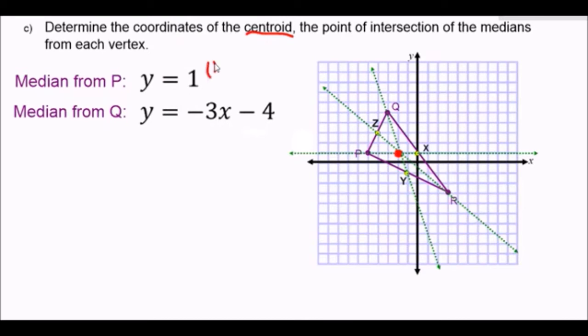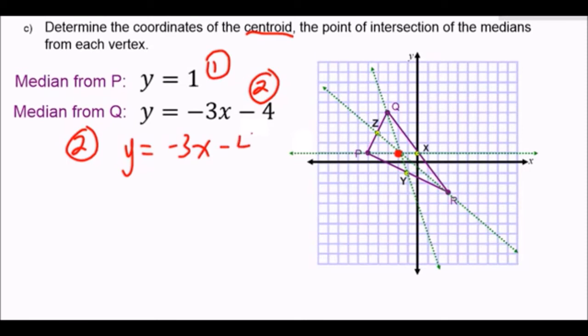So equation 1 and equation 2. And we can solve using either elimination or substitution. This time I'll do substitution. So from equation 2, I know that y equals negative 3x minus 4. And what I'm going to do is sub into equation 1. Instead of y, I'm going to sub in what y equals.